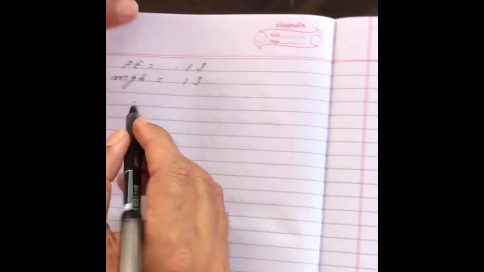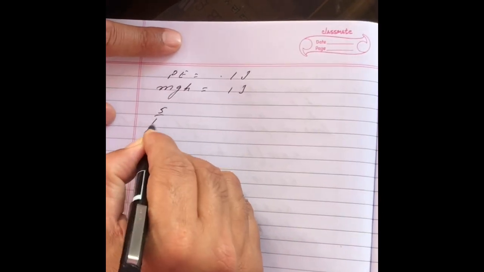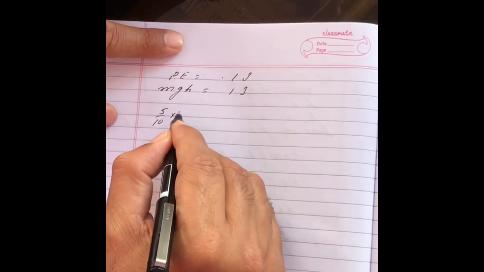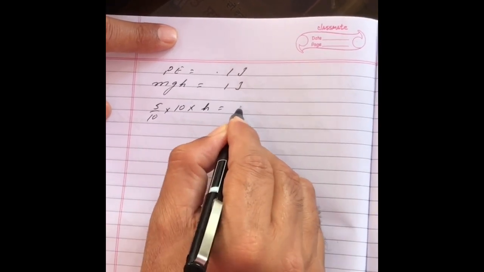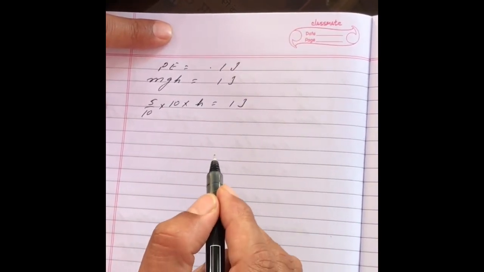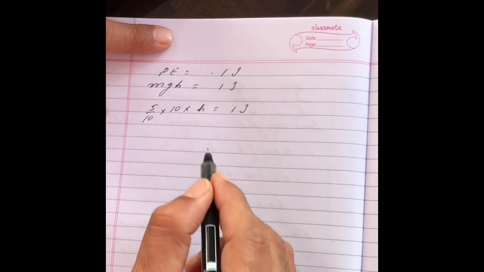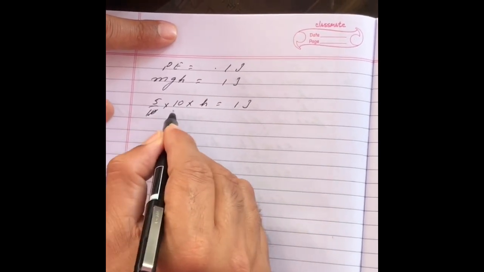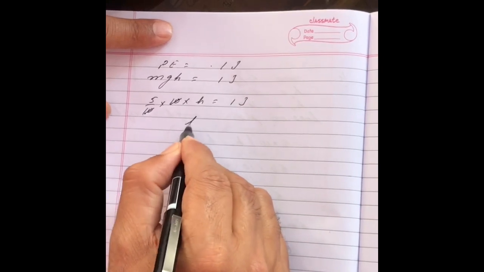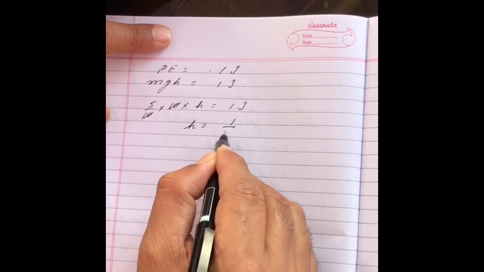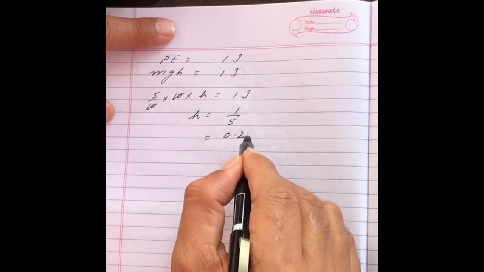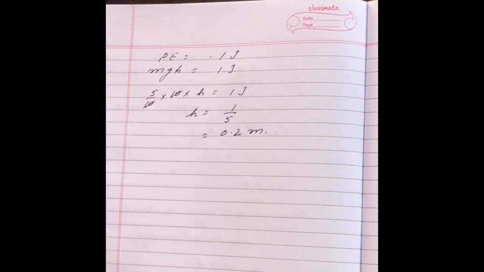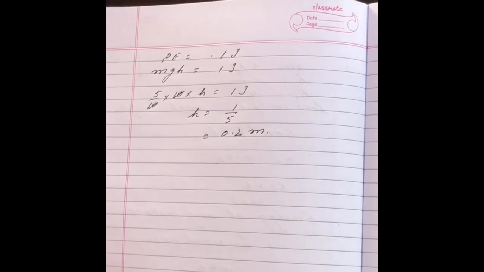Mass is 0.5 kg, that is 5 by 10 kg. g is 10, it is given. h I have to find. 1 joule, so 10 cancels with 10. h is 1 upon 5, that is 0.2 meter. So height will be 0.2 meters.